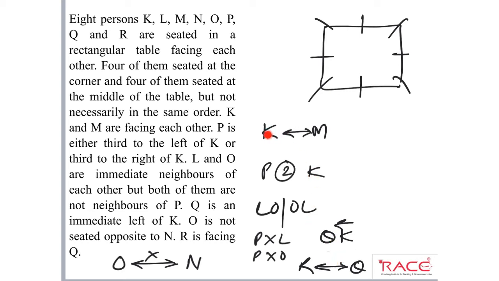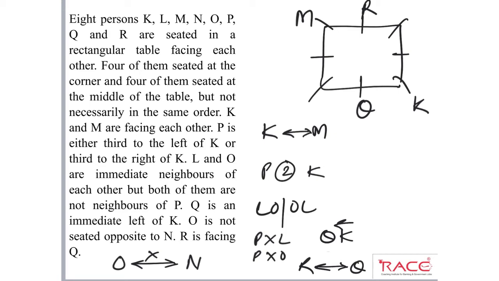For example, I have K here, K here, then Q, then R. So better I start with K. Immediate in front of K I have M, then immediate left of K I have Q. So I will place Q here, and in front of Q I have R. So R will be here.